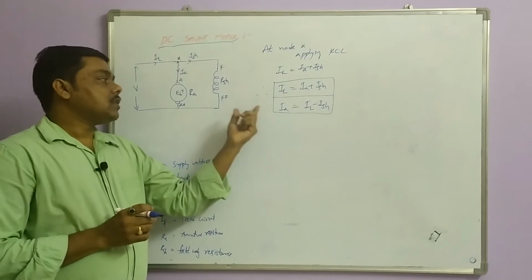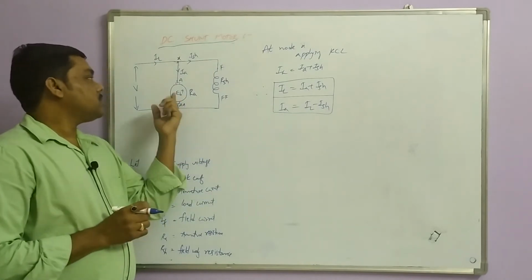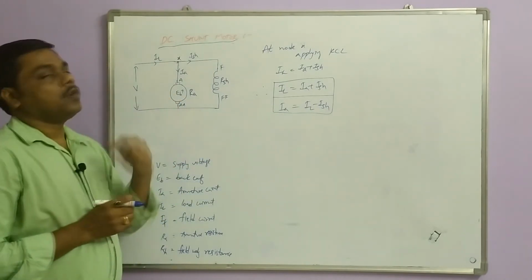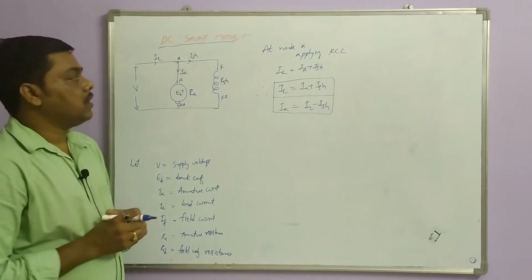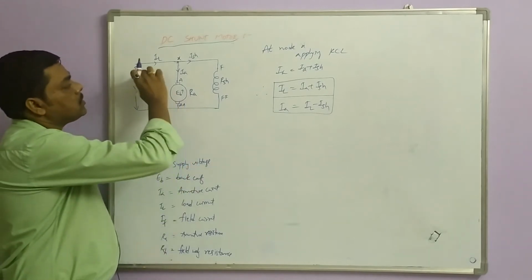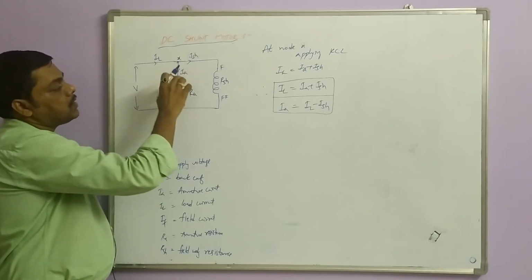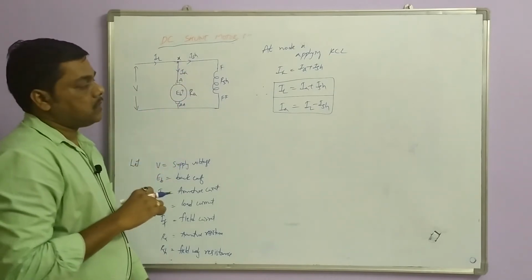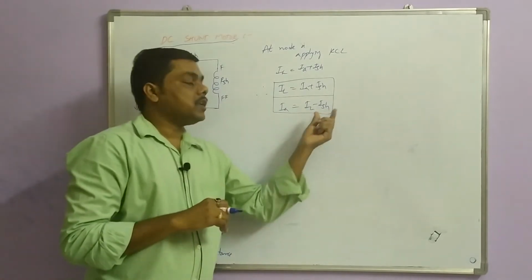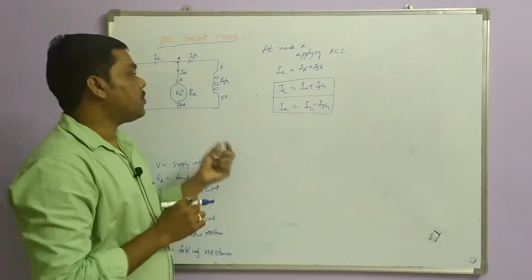Now if this is the armature current, then what is the back EMF and voltage relations? Okay, now you can see here, you go through this simple circuit and we can get the back EMF and voltage relations.